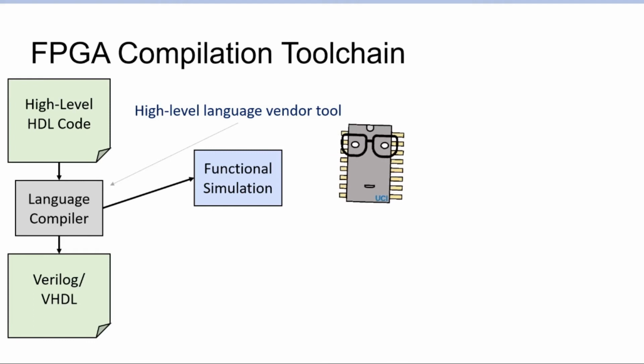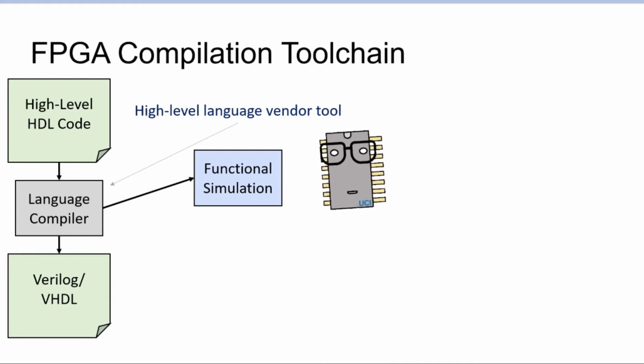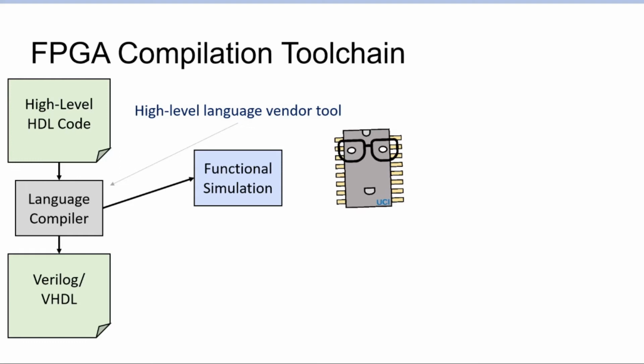But the benefit of a high-level language is that if the language toolchain supports a functional simulator, then because the abstraction level is higher, they don't have to simulate what happens in individual wires on the chip. Performance is typically much better.